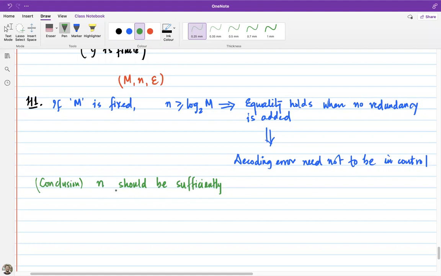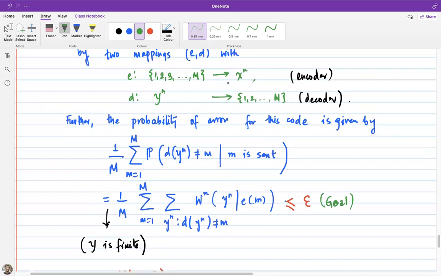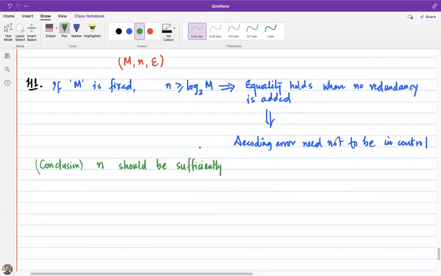So you need to add the right amount of redundancy, and therefore the n that you are choosing out of your encoded output, the encoding function of your channel code E, has to be chosen carefully. This n has to be decided carefully, and it has to be sufficiently large.